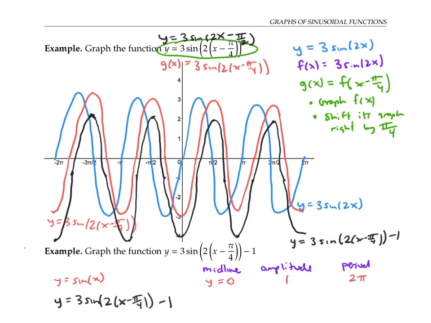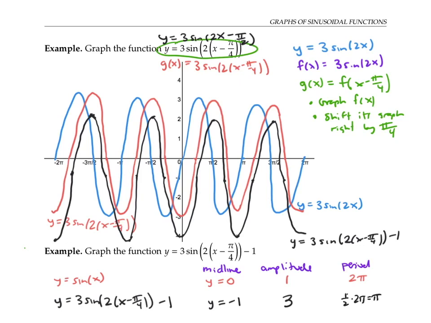For our transformed function, the 3 on the outside stretches vertically, so it makes the amplitude 3. The minus 1 on the outside shifts everything down by 1, so it brings the midline y = 0 down to y = -1. The 2 on the inside shrinks everything horizontally by a factor of 1/2, so the period becomes 1/2 times 2 pi.